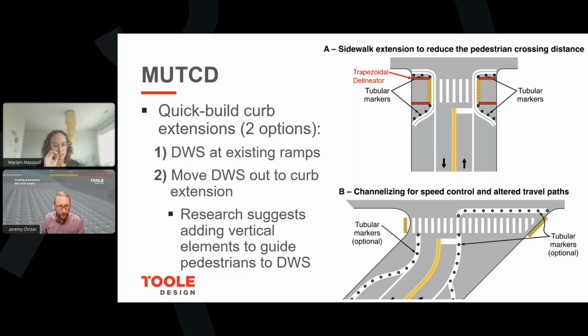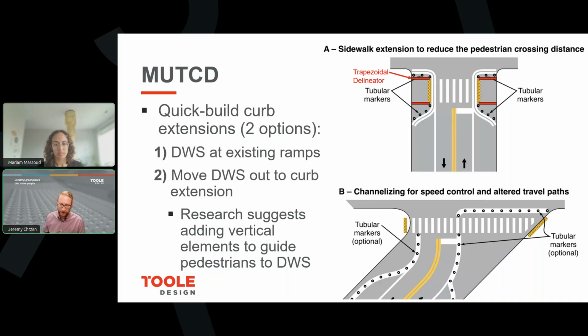These go by multiple terms. One option is to leave the detectable warnings on an existing curb ramp that's back at the curb line. That's what image B, the bottom image, is showing, that you already had curb ramps. Those curb ramps were presumably compliant, and you're not going to adjust those.